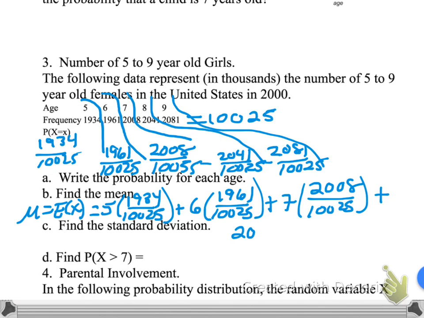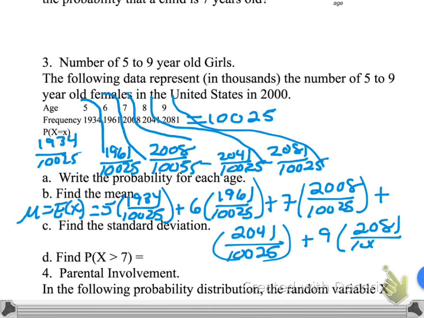plus 8 times 2041 divided by 10025, plus 9 times 2081 divided by 10025. Okay, so I'm going to go to my calculator and find the mean and standard deviation.